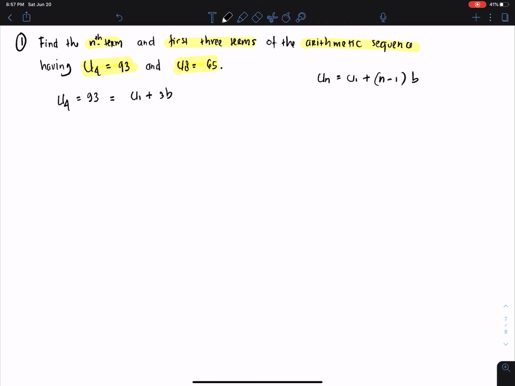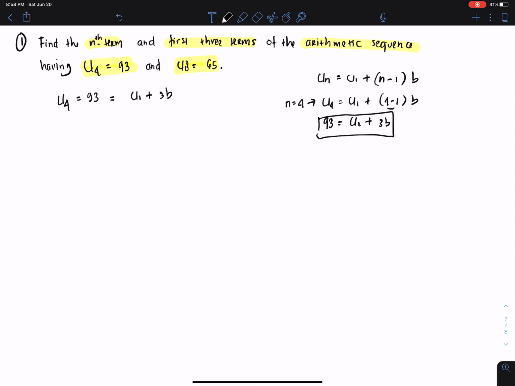So when n equals 4, for U4, we have U1 plus (4 minus 1)b, which gives 3b. This is how I get the value earlier.